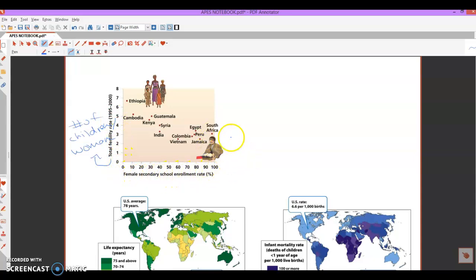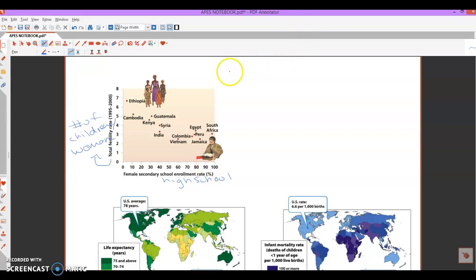This is not college, this is high school. So you can see the total fertility rate increases with less education given to the woman. The total fertility rate decreases the more education a woman gets.